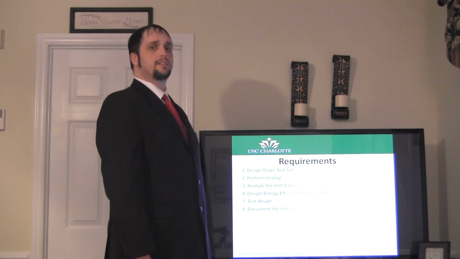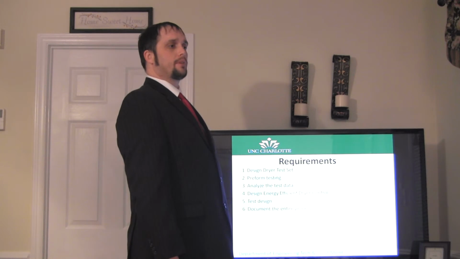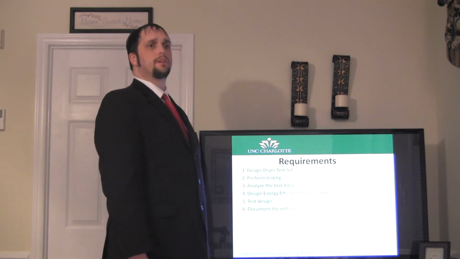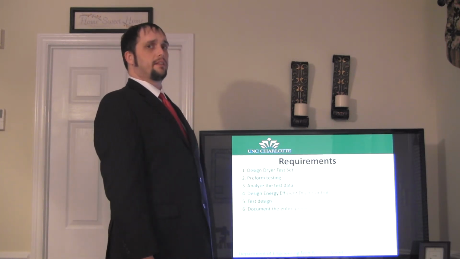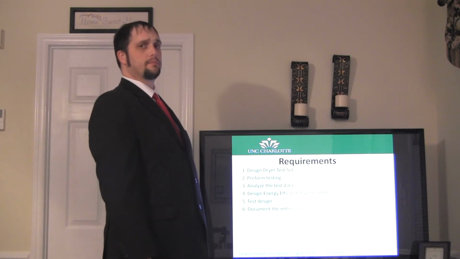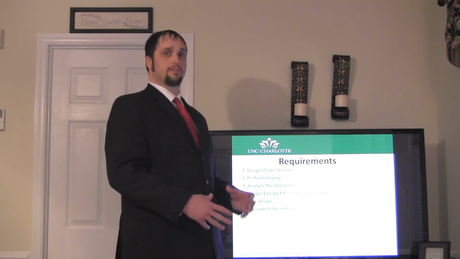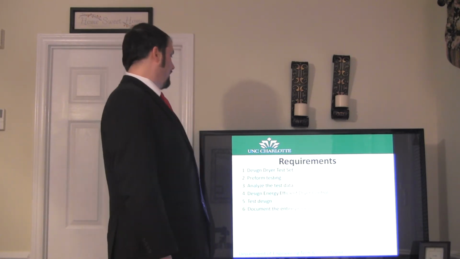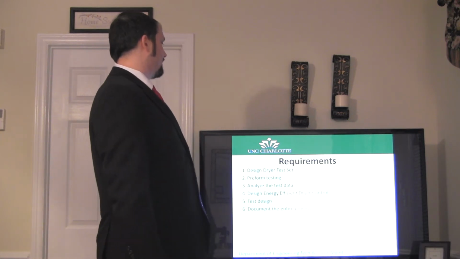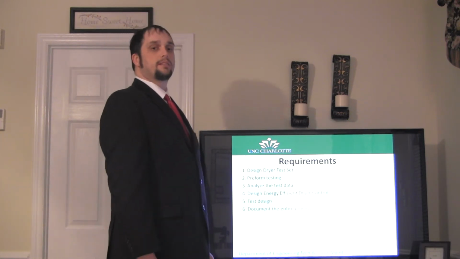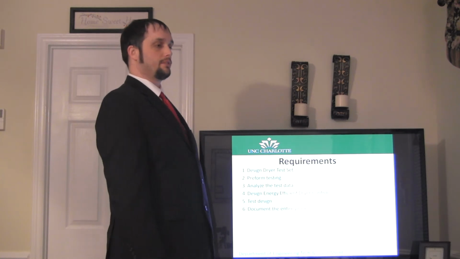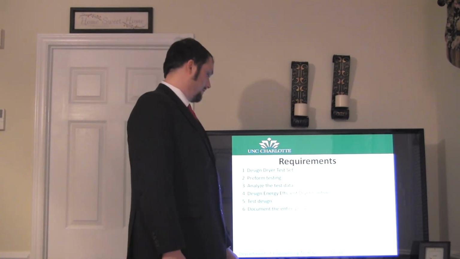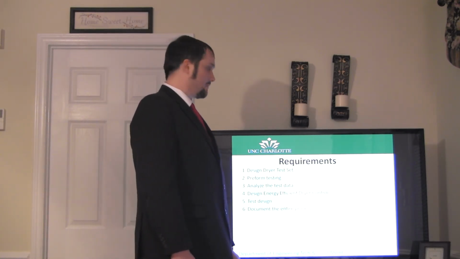We'll run tests on the prototype and compare it to the parametric data that we acquired from the test set and see how the 2 line up. The 6th requirement is to document the entire process. We must adhere to the University of North Carolina, Charlotte documentation protocol.